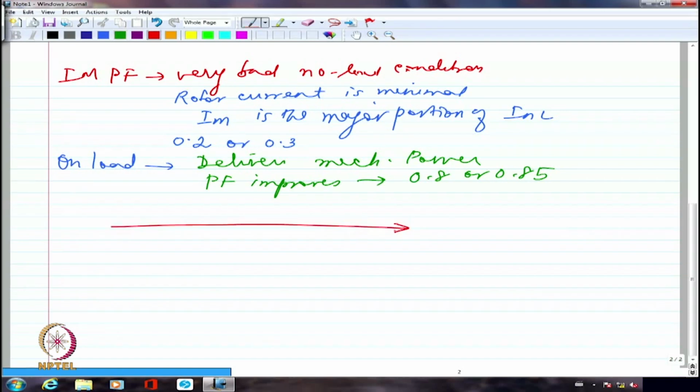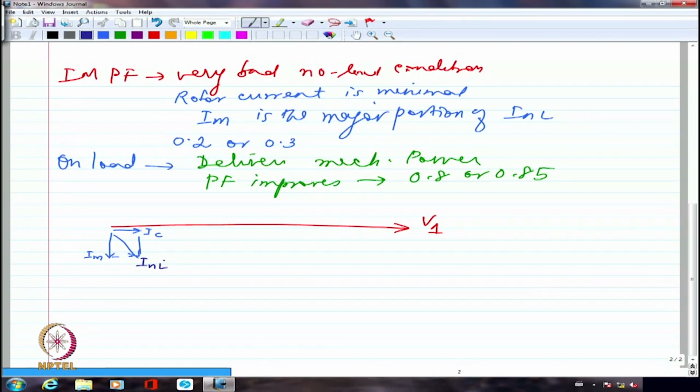I am rather saying that we should know the phasor diagram, which is very similar to the transformer phasor diagram. If I say this is V1, I may have a small core loss component of current. I may have somewhat larger magnetizing current. When I add the two, I should get whatever is the sum, which is actually the no load current.